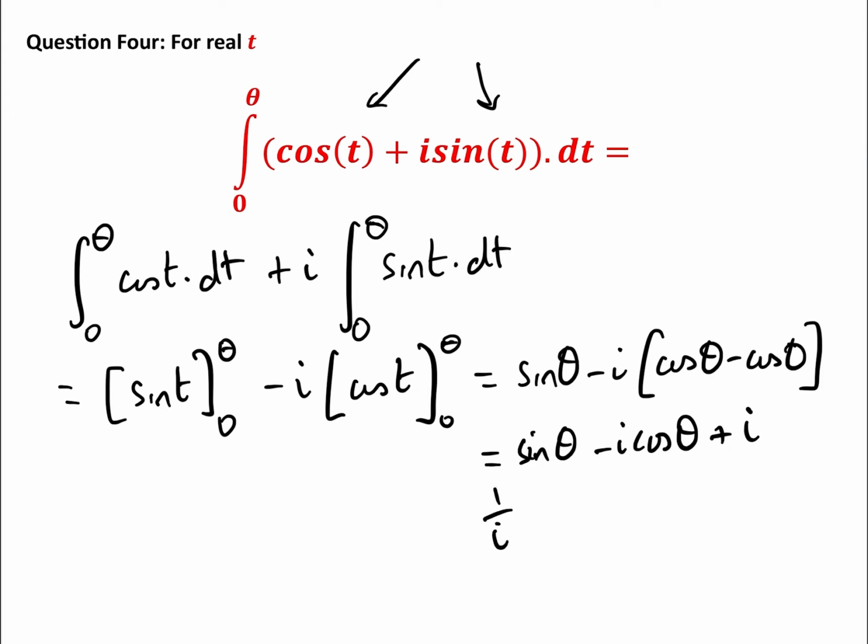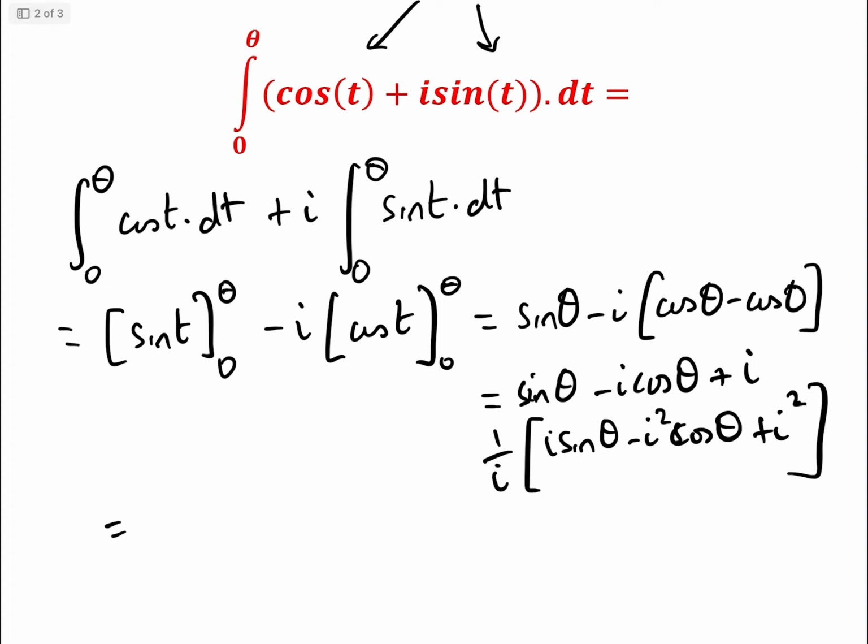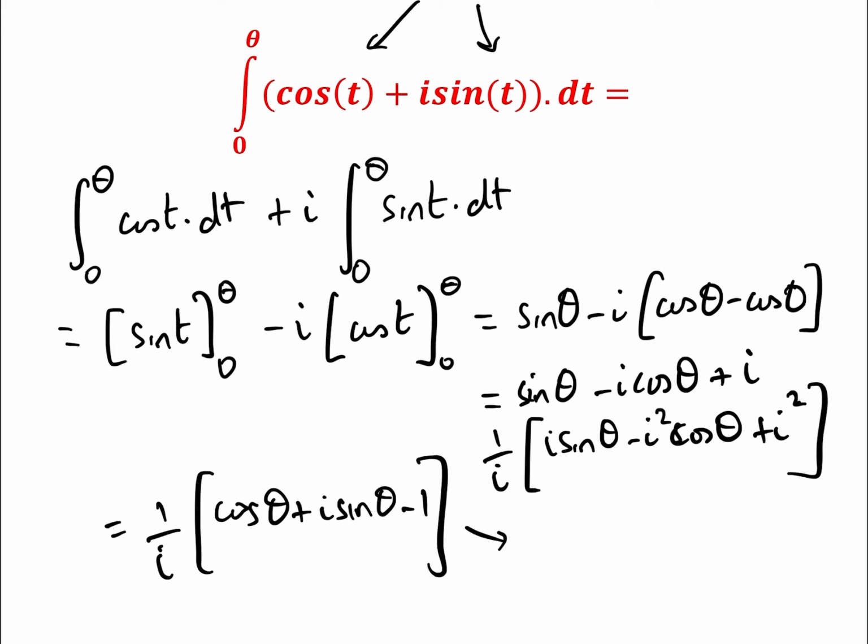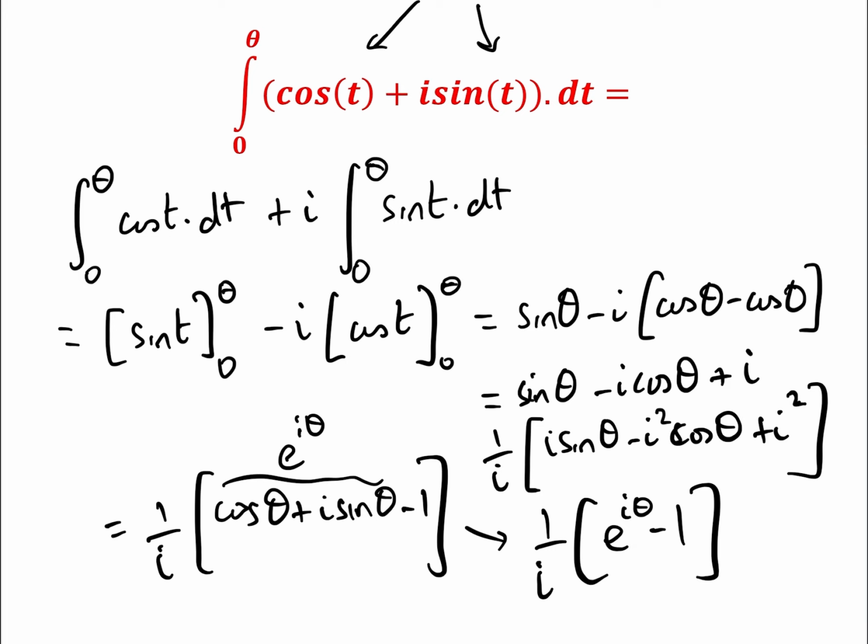Let's take 1 over i out, and that gives us i sine theta minus i squared cos theta add i squared. And that equals 1 over i times cos theta add i sine theta minus 1, which equals 1 over i times, cos theta add i sine theta is e to the i theta. So that's e to the i theta minus 1. And that is the answer.